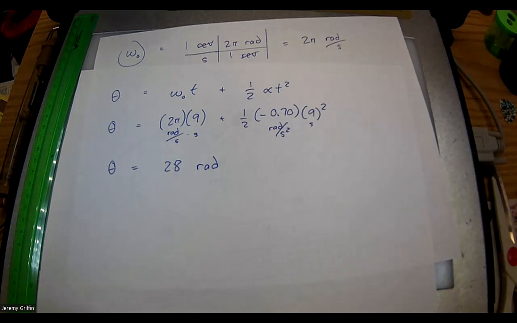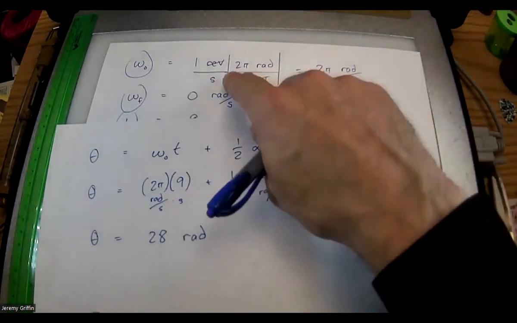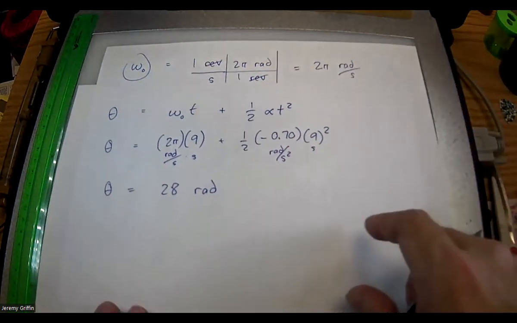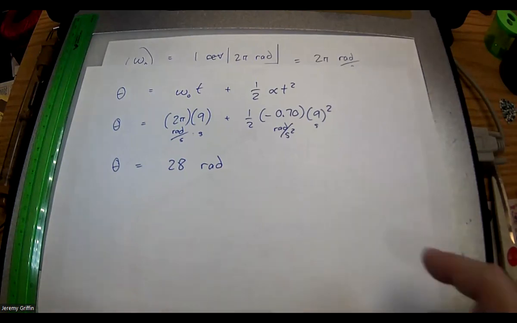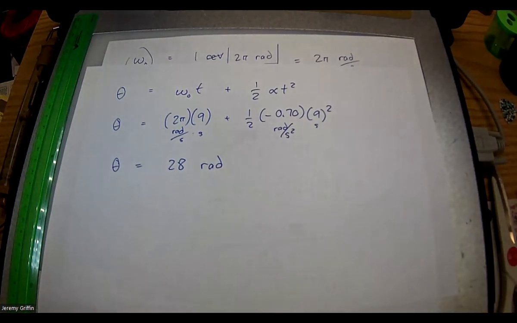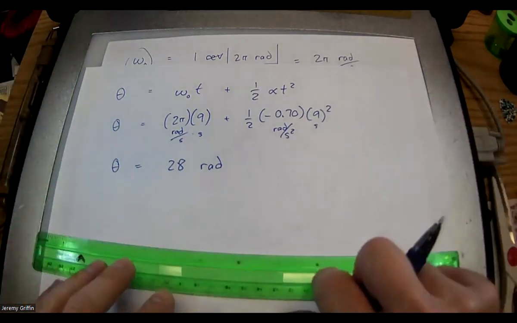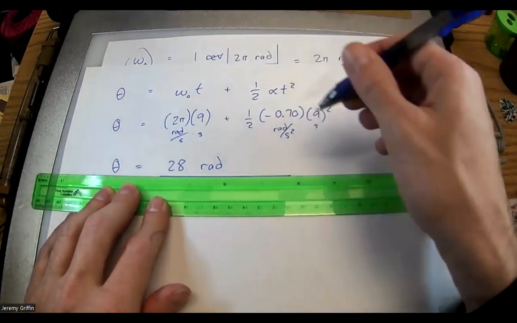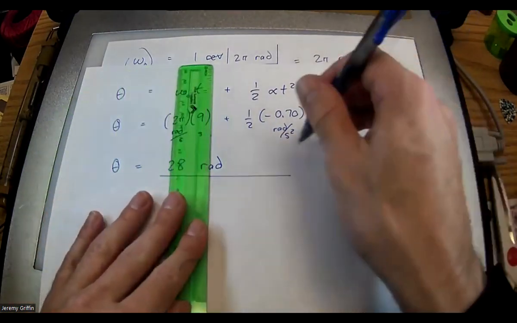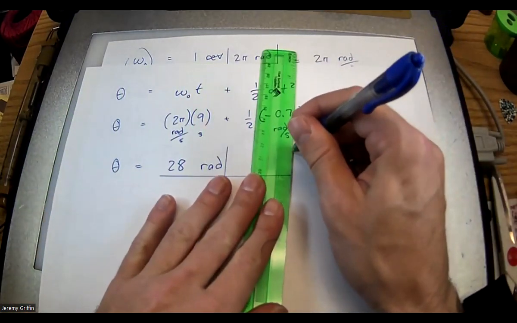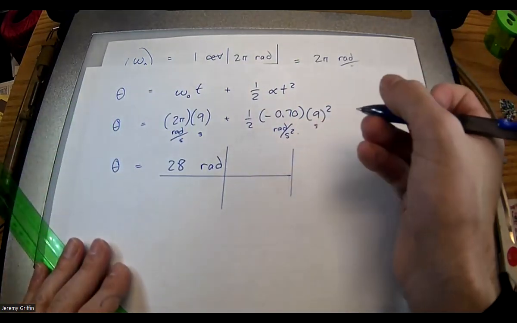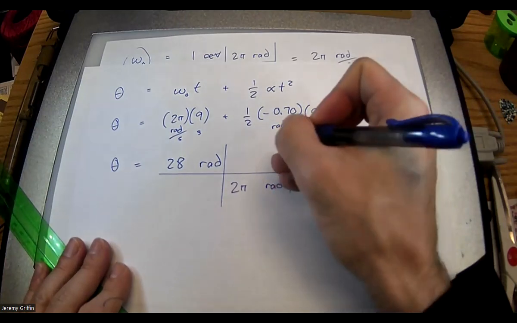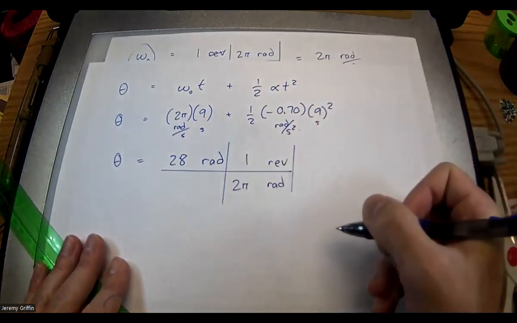Hey, you know what? I remember when I started out, I gave you the initial angular velocity in revolutions per second. So it was about 1 revolution per second. Can you convert that back into revolutions? Maybe I want to know how many total rotations it made. I'm trying to go a little slowly so you can beat me to the answer. There are this many radians for 1 revolution.